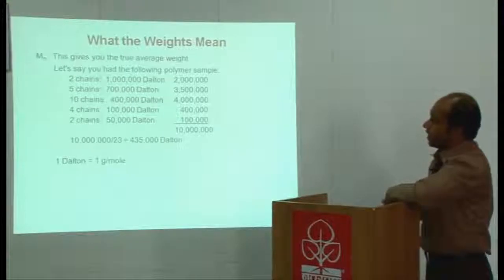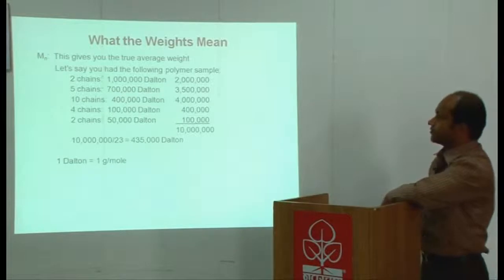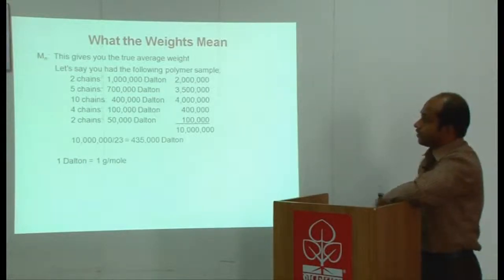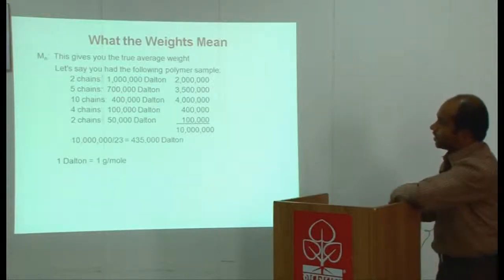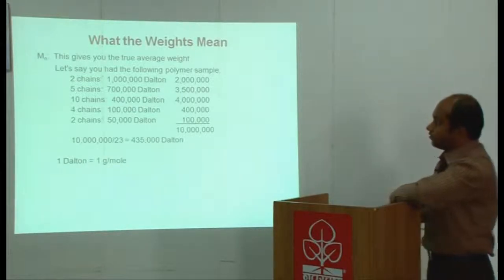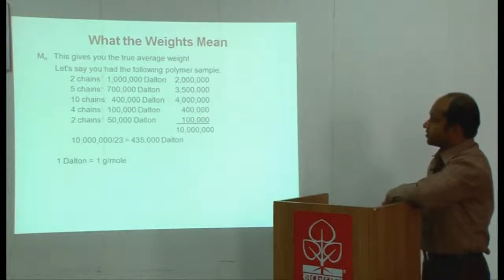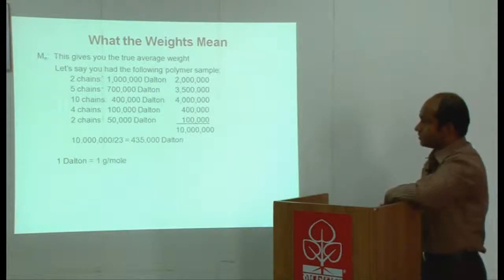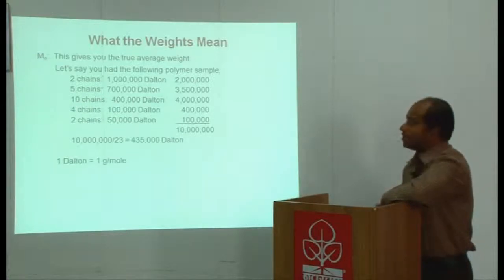If you want to arrive at the average weight, you have to multiply the number of chains by the molecular weight of each chain. So the weight for the 2 chains having 1 million Dalton weight would be 2 million Dalton. The total that you have is 10 million Dalton, which is also known as the true total weight.